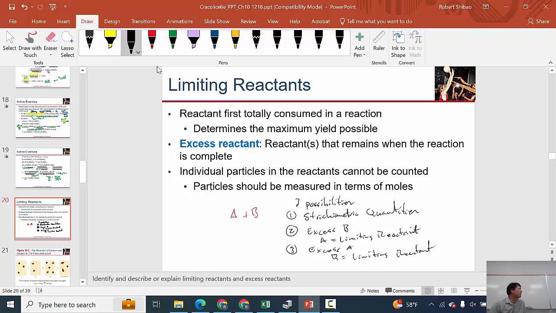An example of this would be if you had to build a bicycle. Each bicycle would need a frame plus 2 wheels. This is the stoichiometry of it.